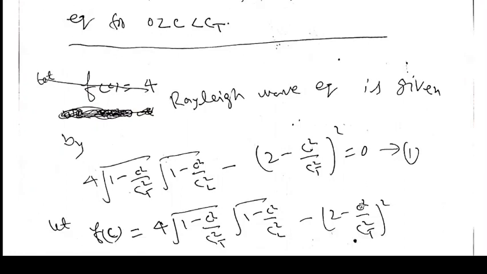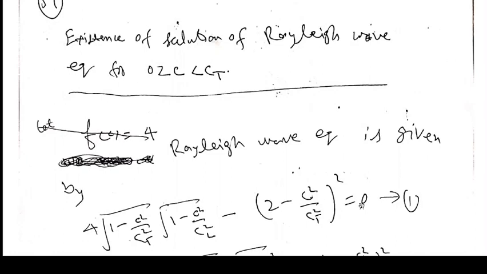So in today's lecture we will see the existence of a solution of this equation for the speed of Rayleigh wave in this domain, when c lies between 0 and ct. We will see that the solution of equation 1 exists in this domain when c lies between 0 and ct.